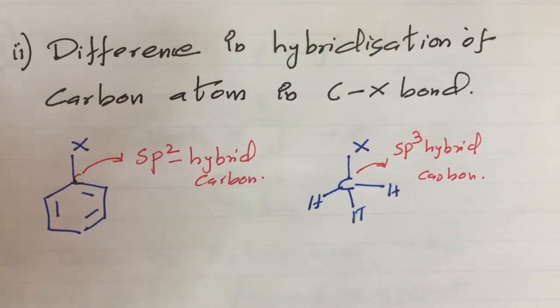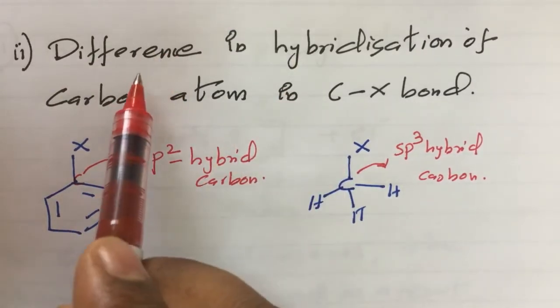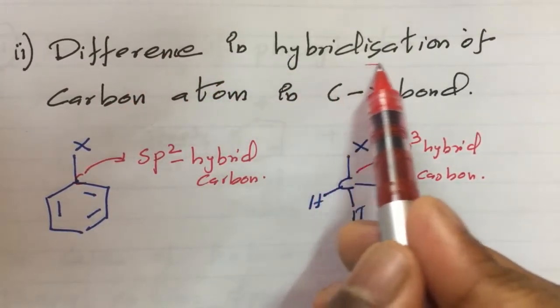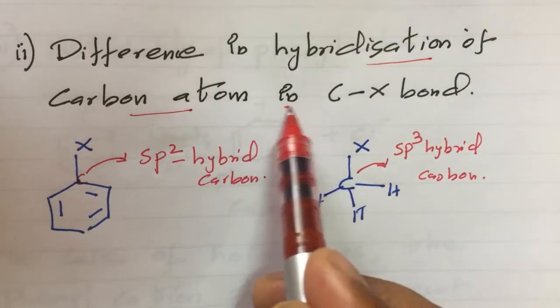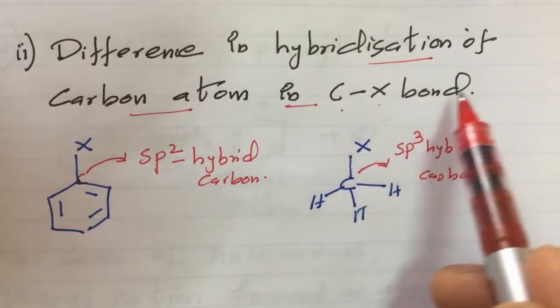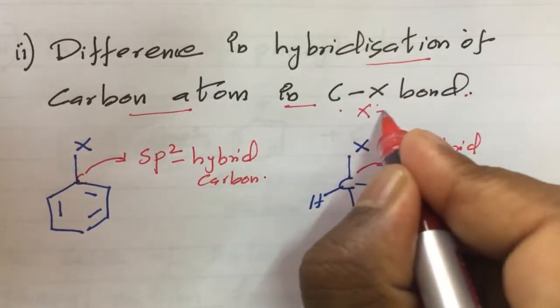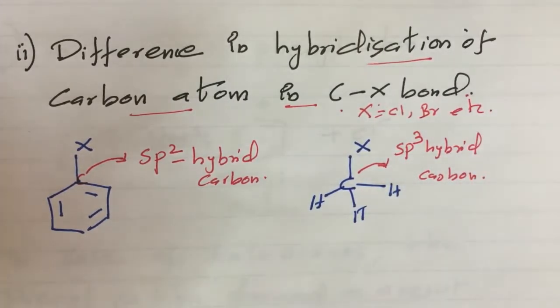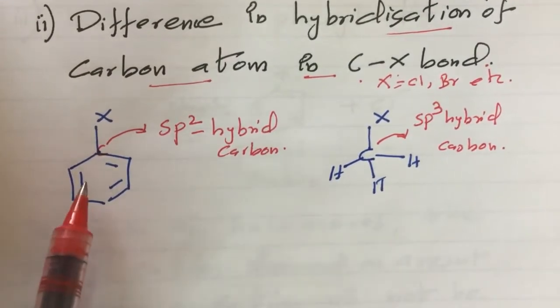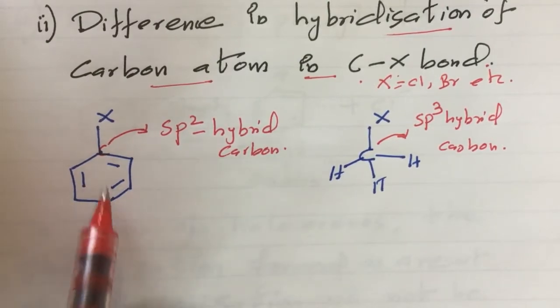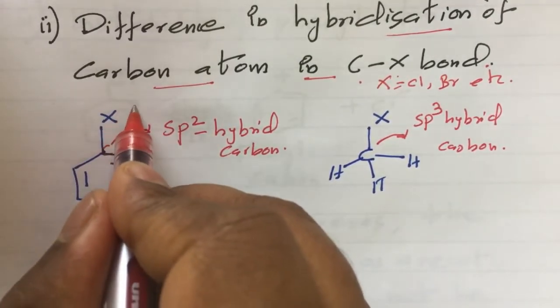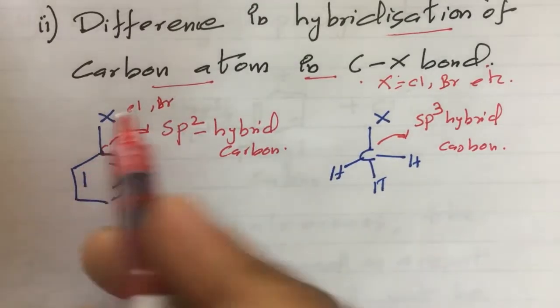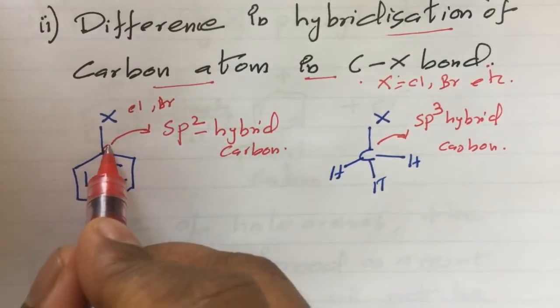Okay students, the next reason is the difference in hybridization of the carbon atom in the carbon-X bond. X means halogen, chlorine, bromine, etc. Let's take one haloarene, benzene with X, chlorobenzene or bromobenzene.